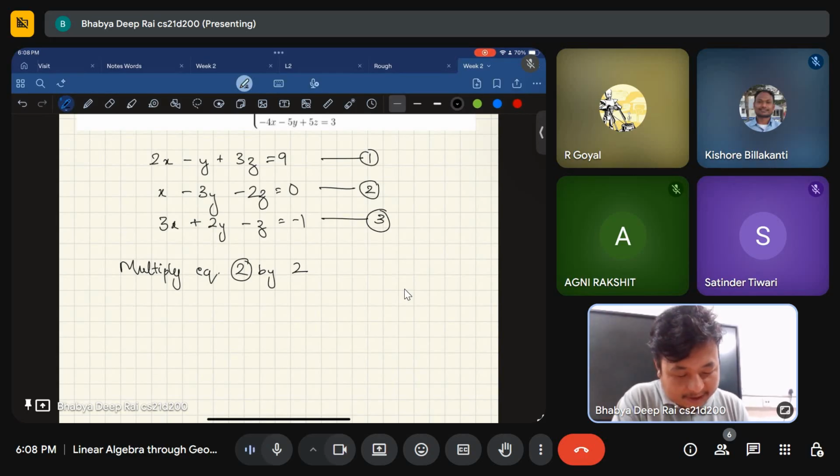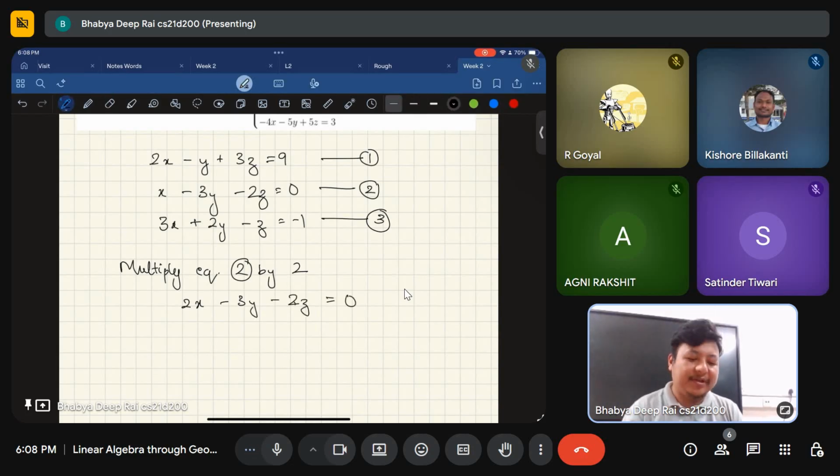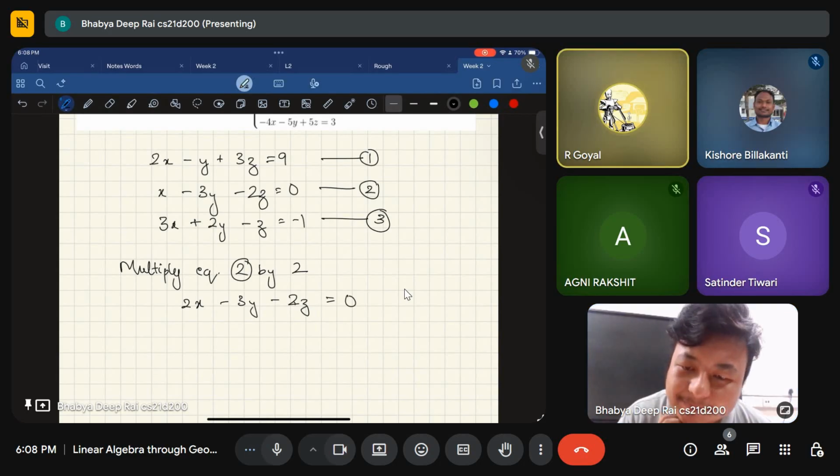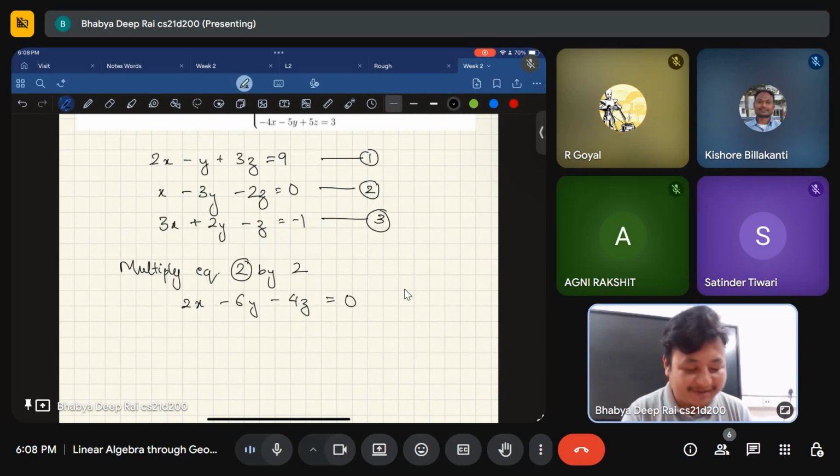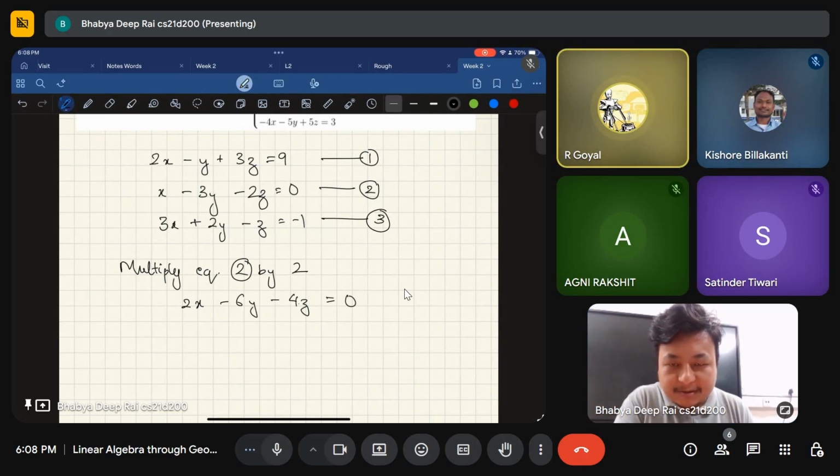So what do you get? You get equation 2 as 2x minus 6y minus 4z equals 0. Then you subtract the equation 1 from it.